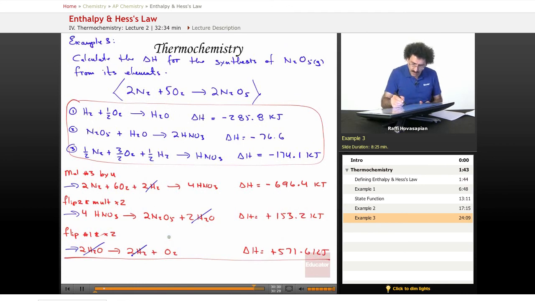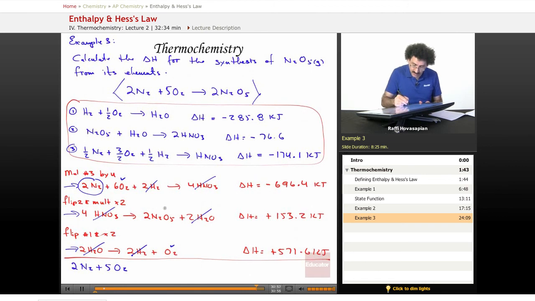I have 4HNO3, 4HNO3, 2N2, so I'll bring that down. That takes care of the 2N2. I have 6 oxygens on the left. I have 1 oxygen on the right, so 6 minus 1 leaves 5 oxygens on the left. So that's taken care of.